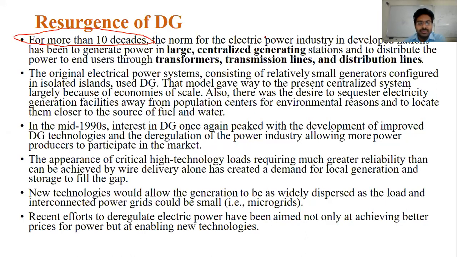In the last 10 years the usage has increased. Before that they were introduced, but not used much because of the technology as well as the cost. But nowadays technology is helpful to add this much DG to the grid.